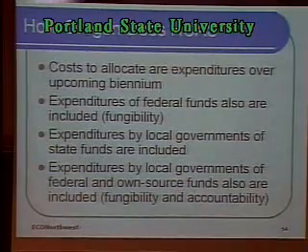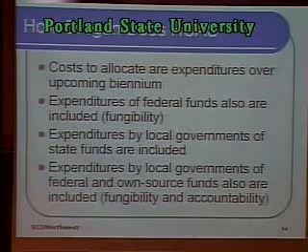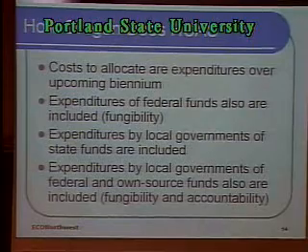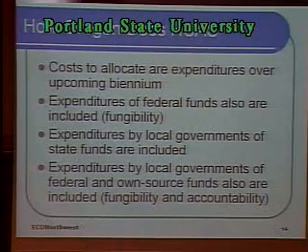The expenditures of federal funds are included, and they are weighted equally with the expenditure of state funds. And the reason for that is that the federal funds and state funds are equally available for pretty much any project at the state level.